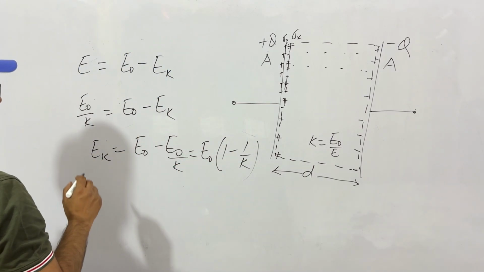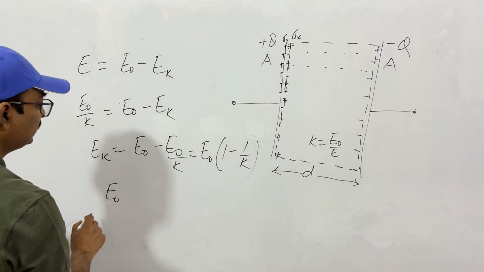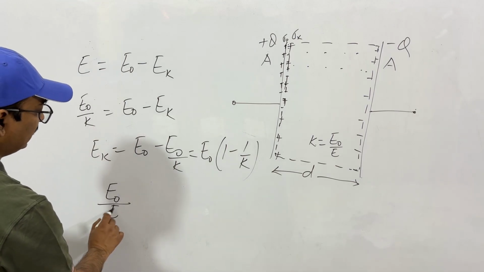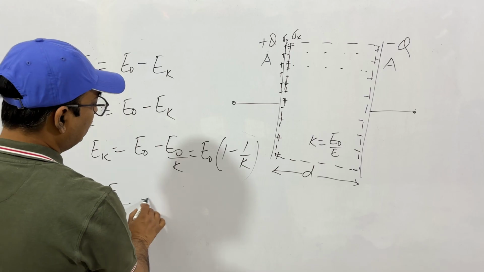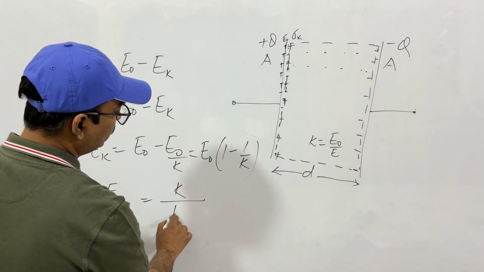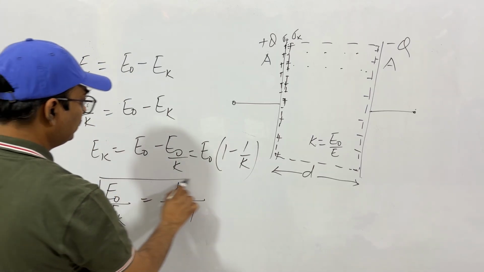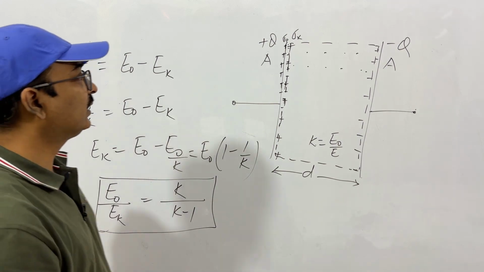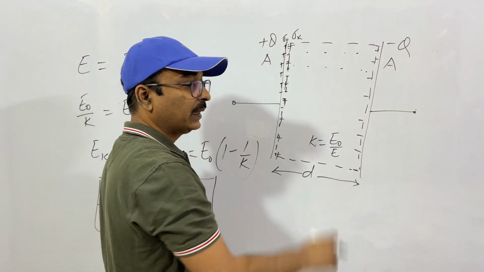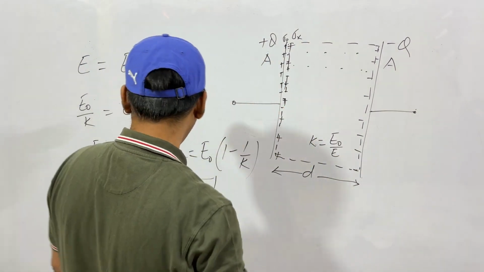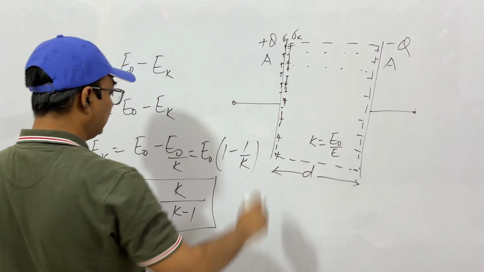From here we have a relation between E0 and EK. E0 by EK will be K by K minus 1. So this is a relation between the two electric fields, where E0 is the electric field without this dielectric, that is in vacuum, and EK is the electric field inside this dielectric.